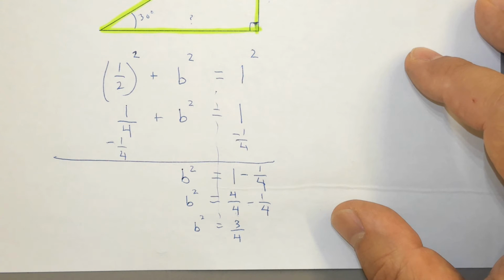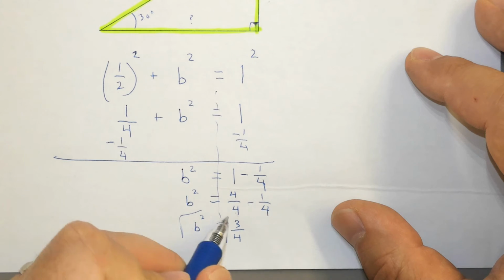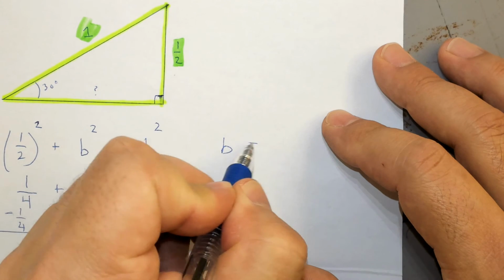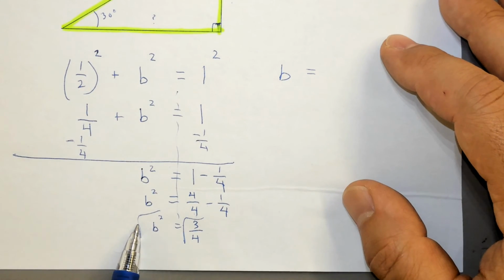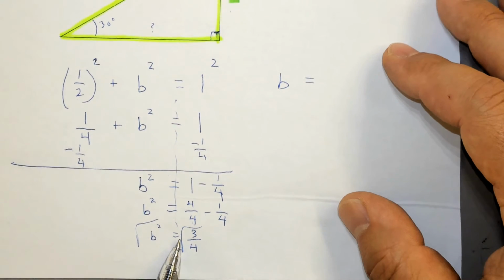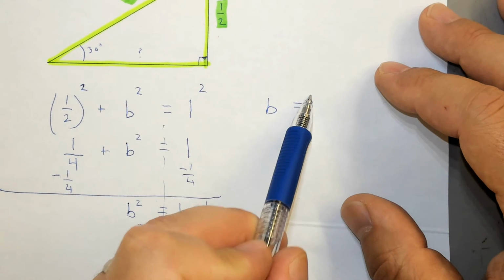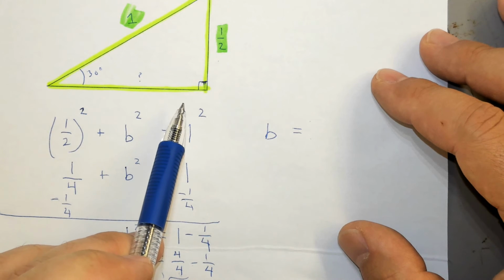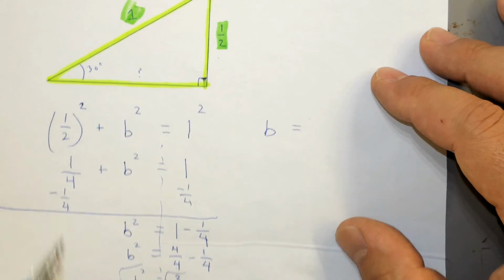So now we have b squared is equal to 3/4. We got to take the square root on both sides now to get rid of the square. So I'm going to follow along over here. I'm going to say b now is equal to, because the square root of b squared is b, is equal to, now obviously it would be plus or minus, but because we're dealing with length here, we're just going to deal with the positive.